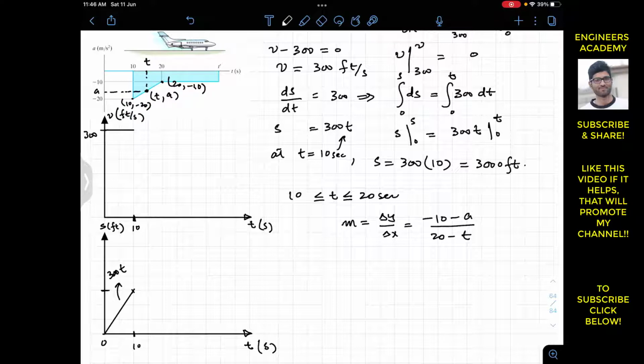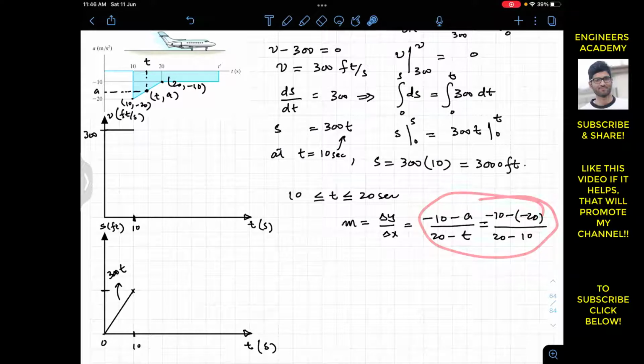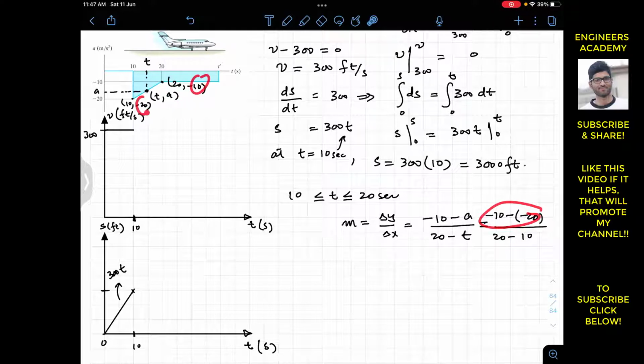So this slope will again be change in y, which is minus 10 minus 20, and then change in x will be 20 minus 10. And remember that while using this method, you need to consider the same order, right? We have subtracted, the change in y is minus 10 minus a, and similarly this is minus 10 minus 20. So we have to follow this order.